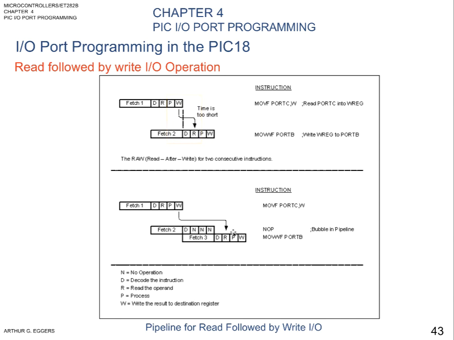Down here, we can see that we've extended the time a little bit with this NOP by putting a bubble in the pipeline, and then we've got our move of information from C to B. What do these represent? N for no operation, D for decode the instruction, R for read the operand, P for process, and W for write.